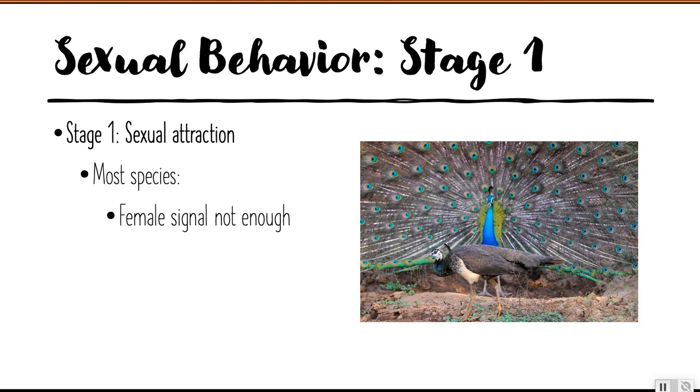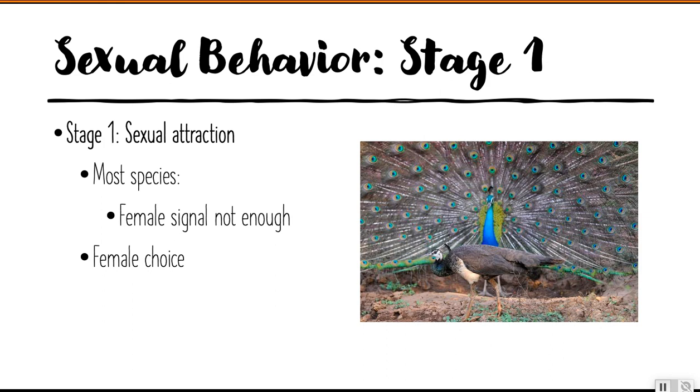Female signaling is not enough in order to have copulation happen. There is an aspect of female choice. So females can find one male attractive and mate with him. They can also find another male unattractive and refuse to mate with him.